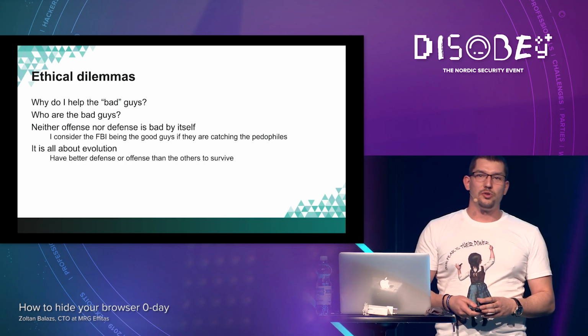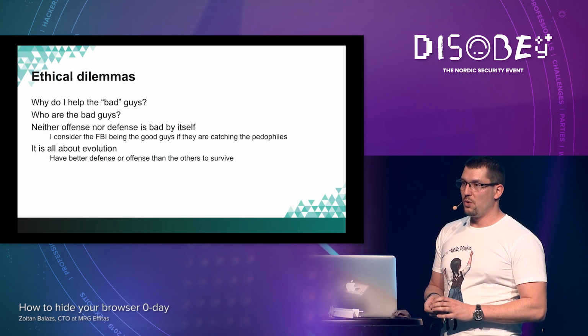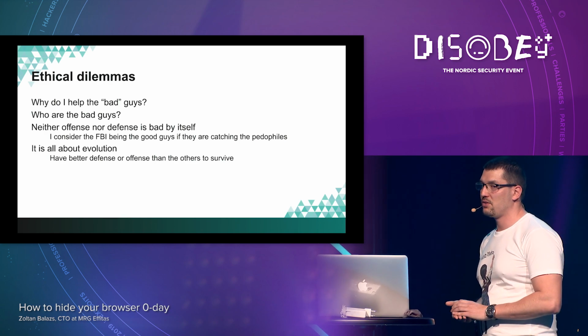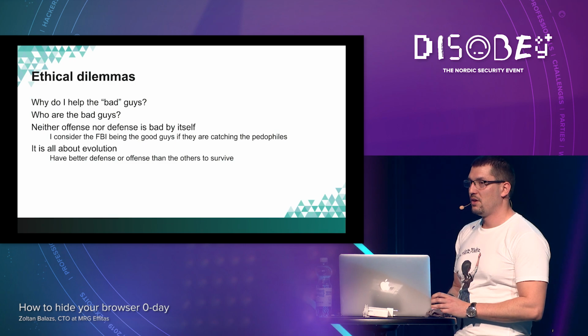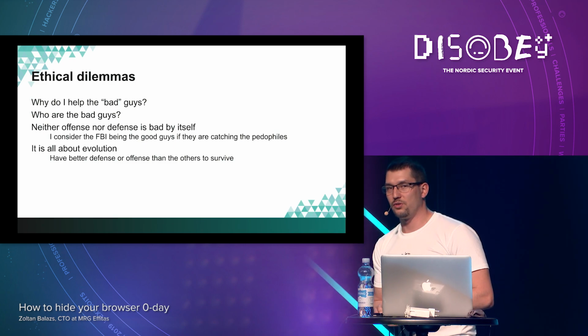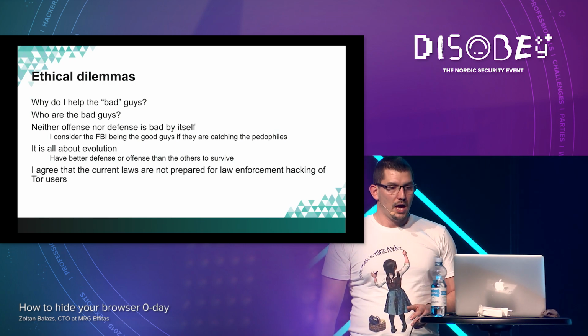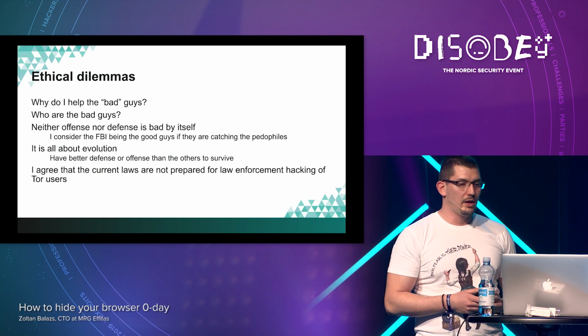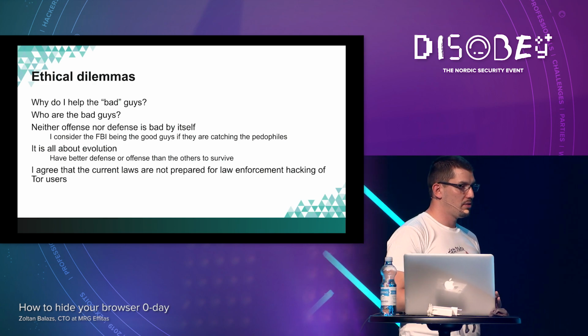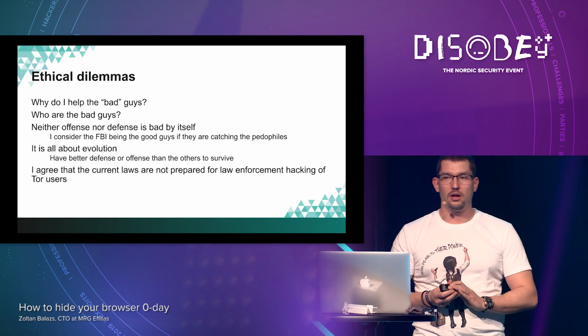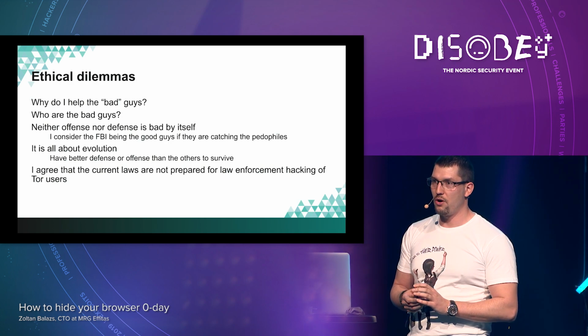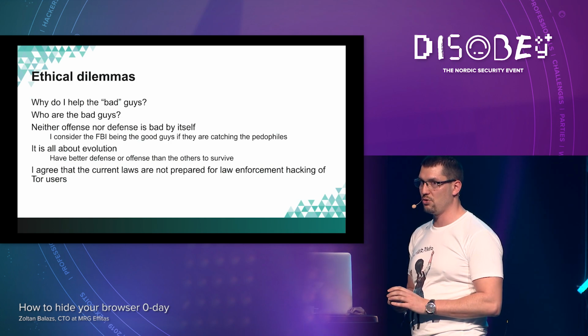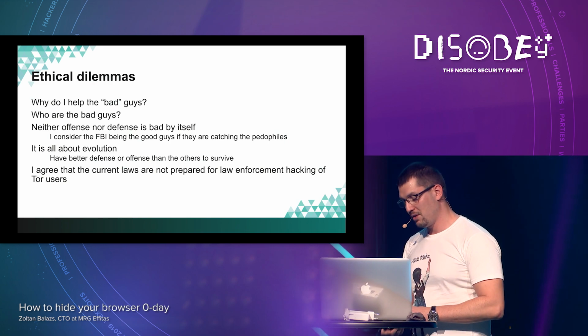And I also do believe in evolution. So if you have better defense or offense than the others, then you are the one who will survive, right? And I really agree that the current laws are not really prepared for law enforcement hacking of Tor users. That's a totally different topic.